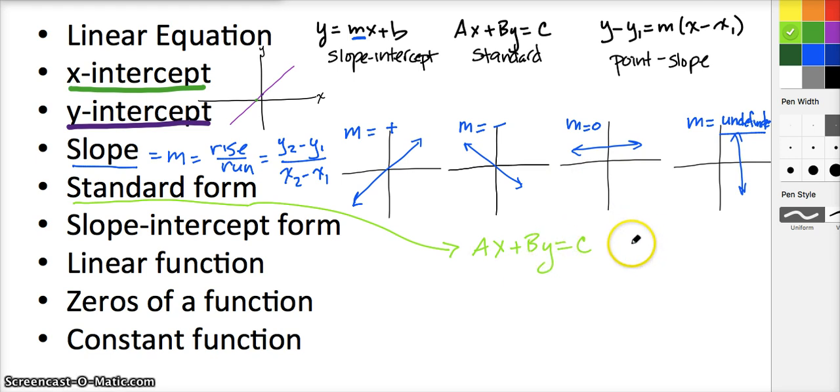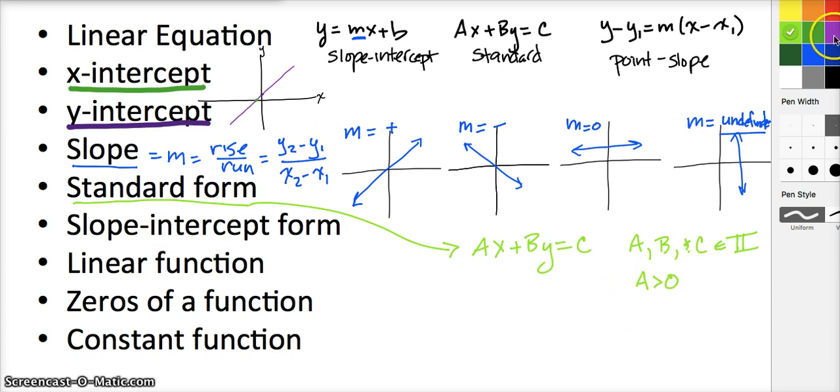A, b, and c must be elements of the integers. Specifically, a is generally expected to be greater than 0, meaning a has to be positive. So when you're writing something in standard form, make sure that everything is an integer, a whole number, and that a is positive.